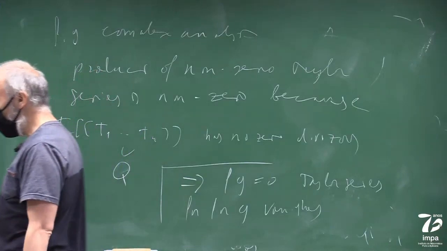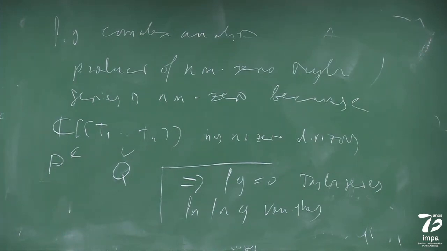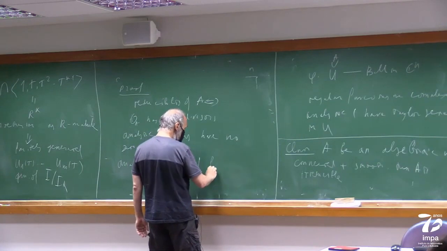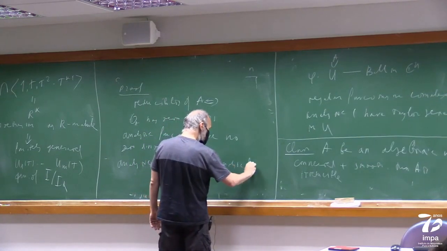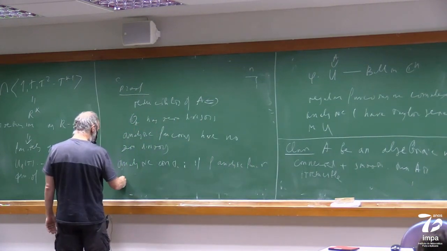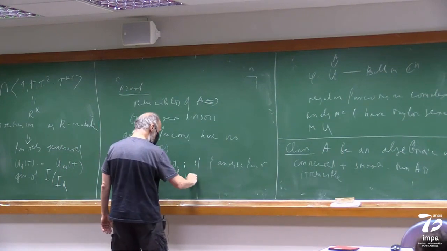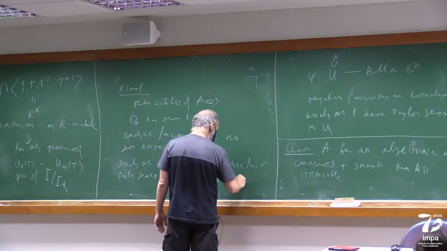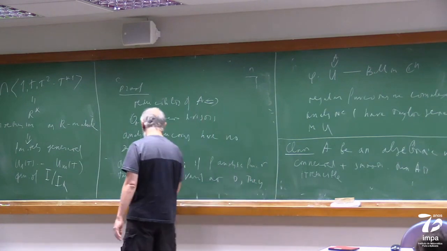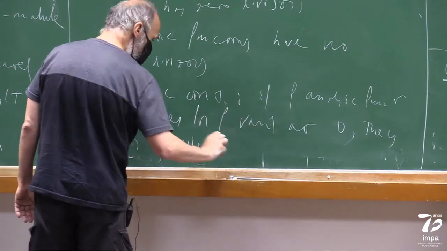And another is the analytic continuation principle, which says that if f is an analytic function and the Taylor series for f vanishes at some point, then it vanishes everywhere.